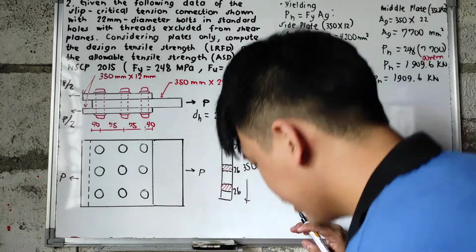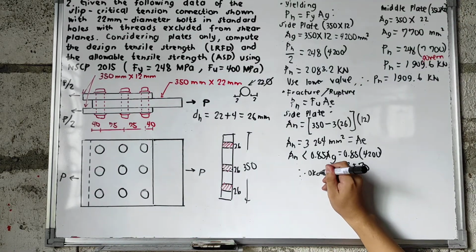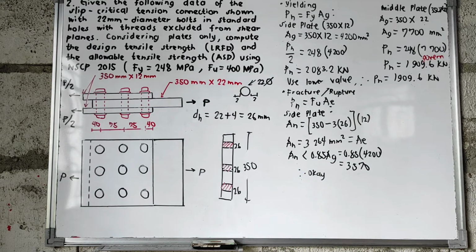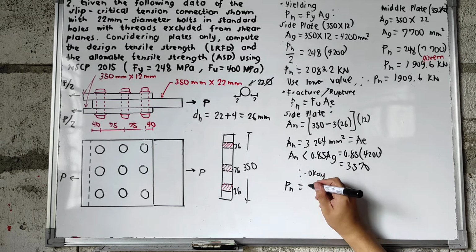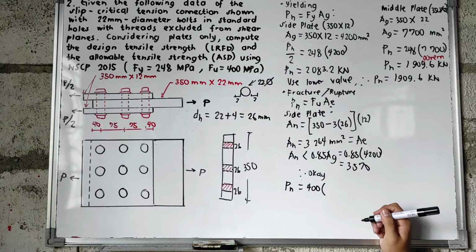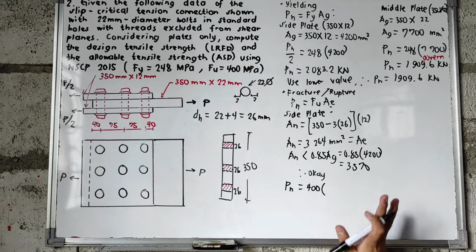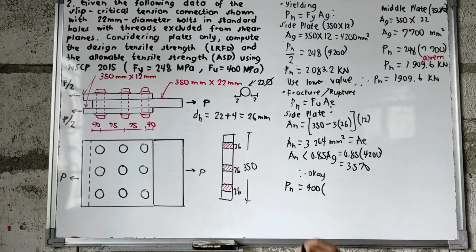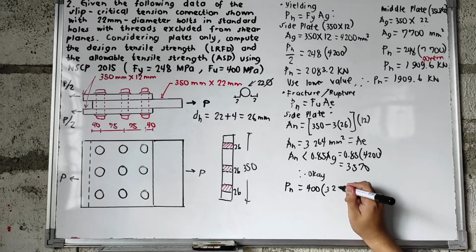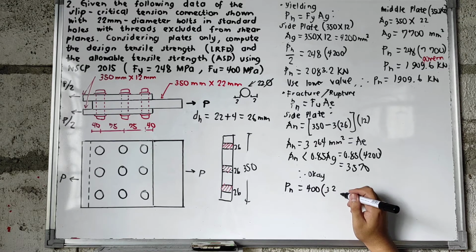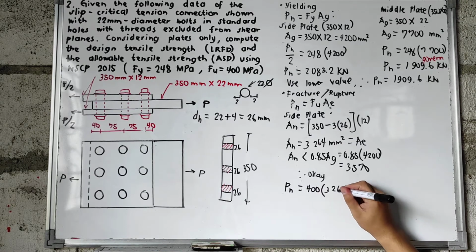Since less than siya, okay yung magiging A sub n natin. So, makukuha na natin yung value ng P sub n natin. So, for this one, yung nominal natin, yung Fu that is 400, multiplied by A sub e natin. So, for this problem, in-assume natin that A sub e is equal to A sub n. So, we have 3,264.